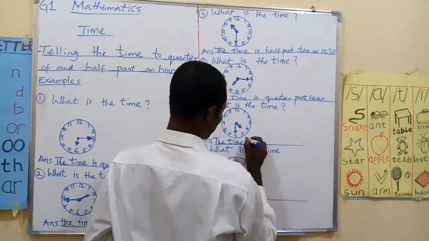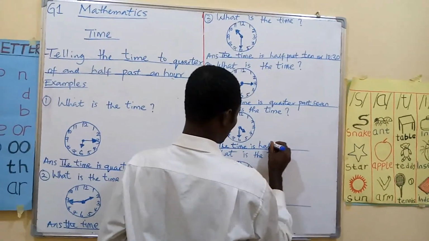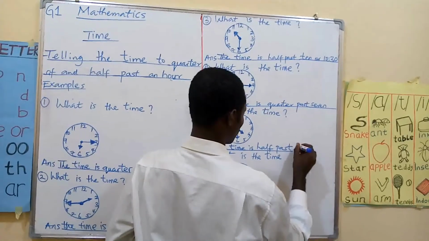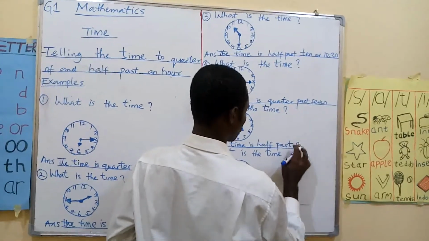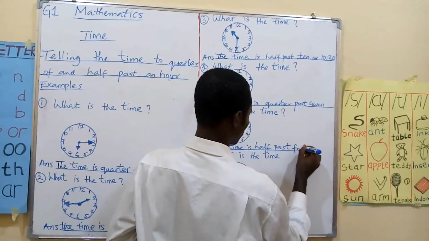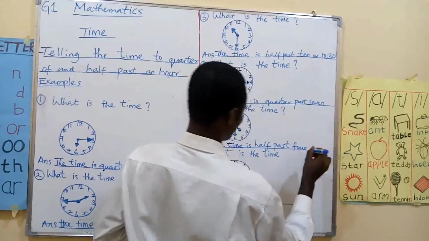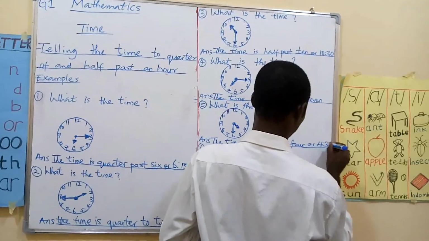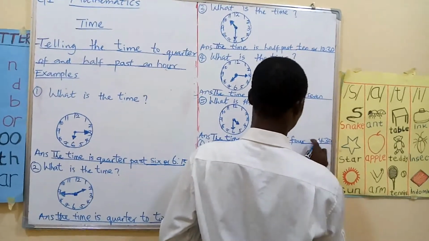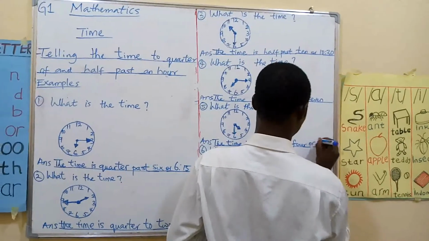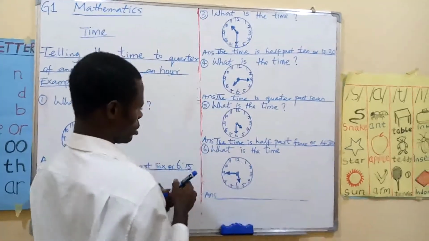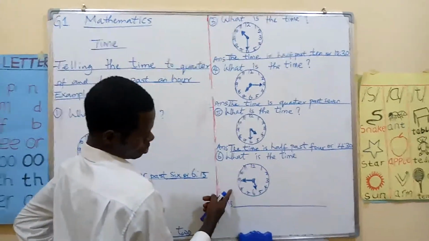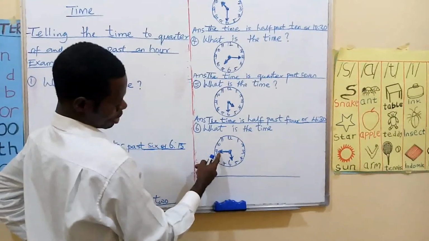Time is half past 4, or 4:30. Alright, and then the last example here, what is the time? Look at the long hand, it is at 9.